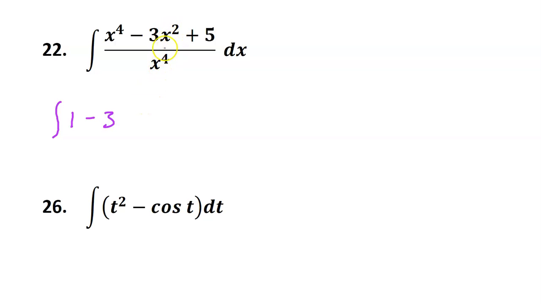When I divide these terms, I will subtract the exponents. So x squared divided by x to the 4th power is x to the negative 2 power. And then 5 divided by x to the 4th power is the same thing as 5x to the negative 4th power. Now I will use the power rule of integration term by term.